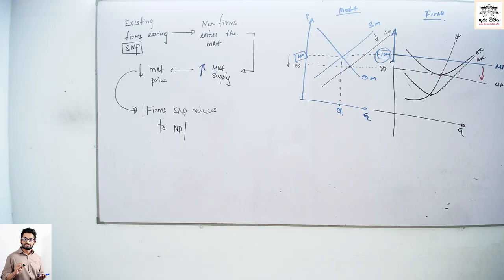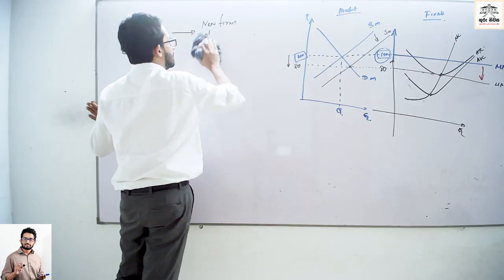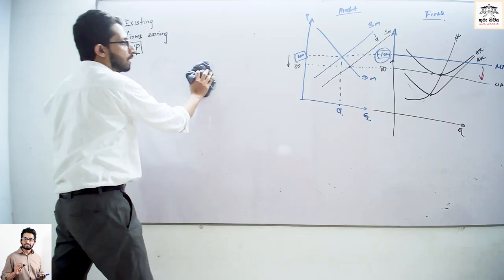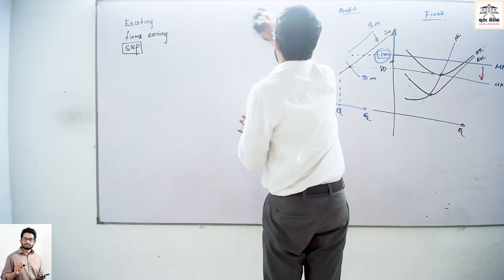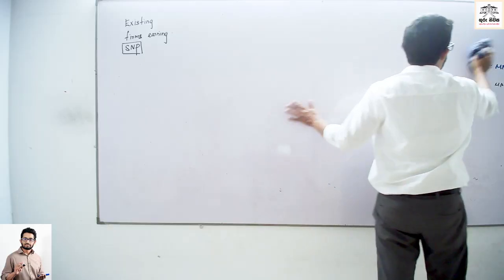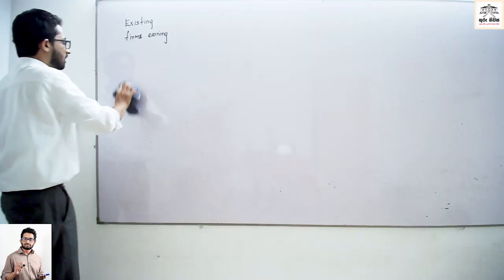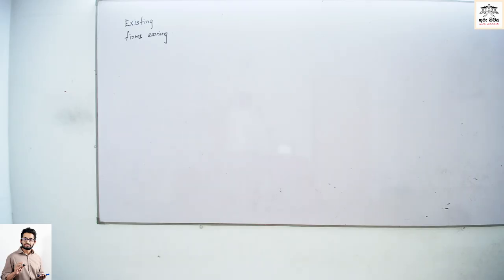Done, sir. Okay, right. Now assume one perfectly competitive firm in the short run earns economic losses. Existing firms are earning economic losses, not supernormal profit.